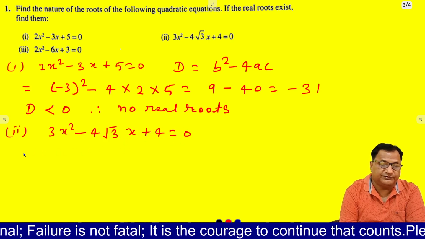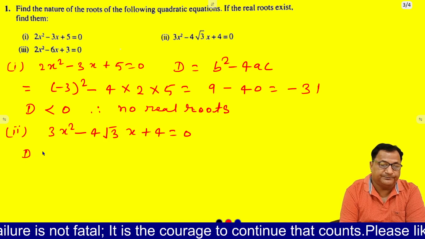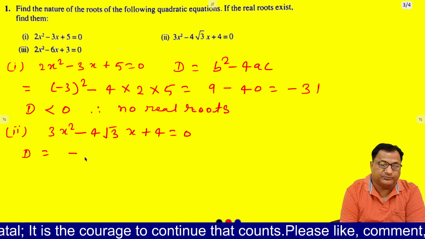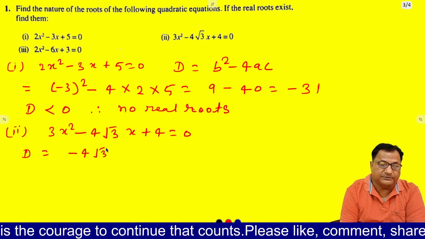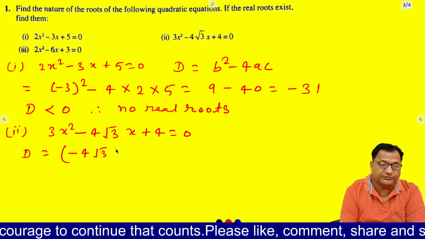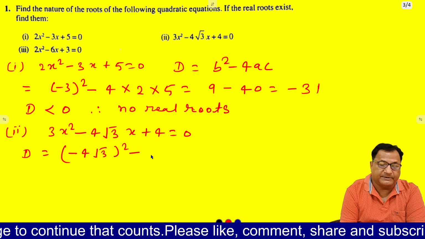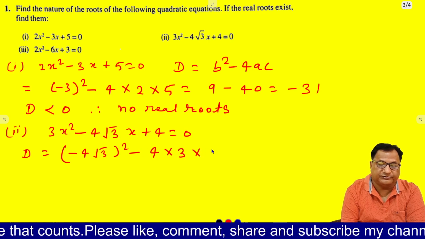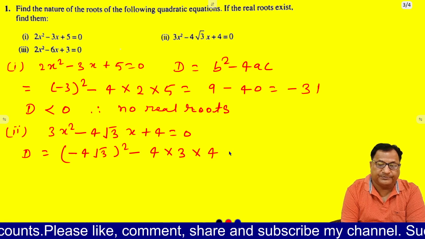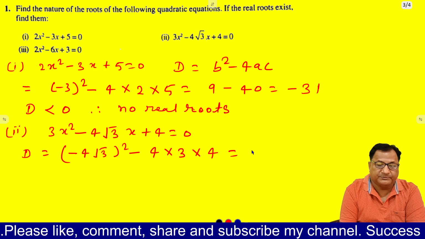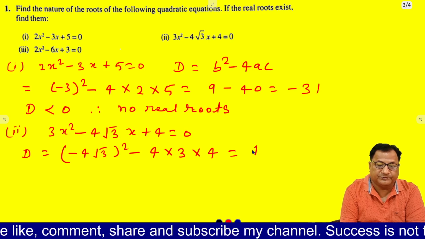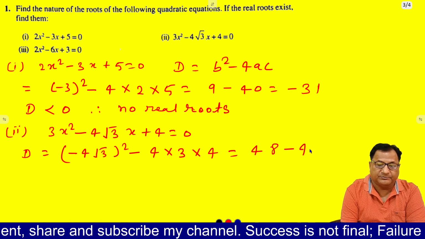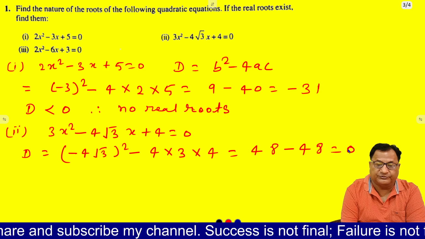So here D will be b square, that is minus 4 root 3 square, minus 4 into a, which is 3, into c, which is 4, is equal to 48 minus 48, which is equal to 0.